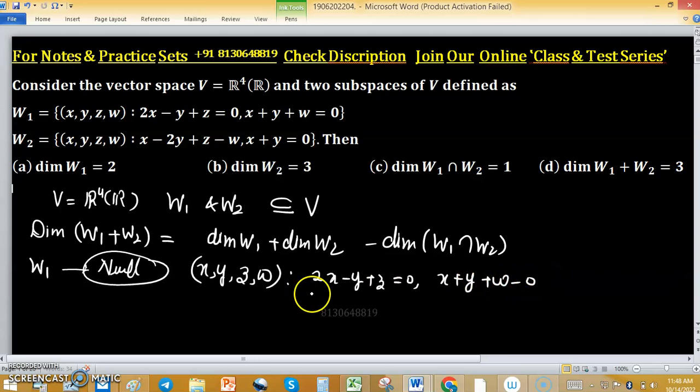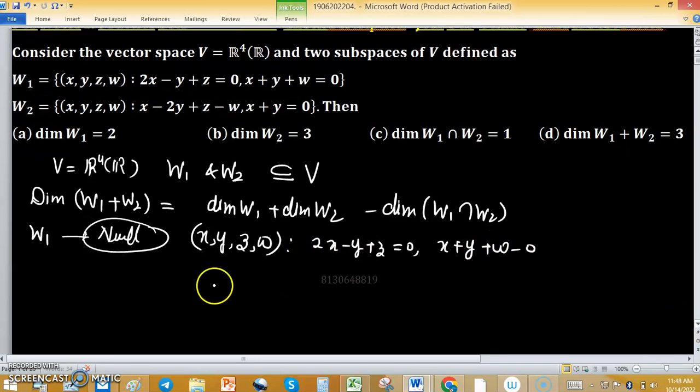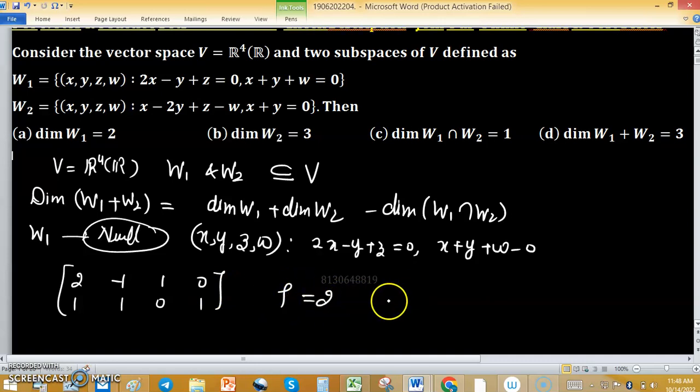If we form the matrix representation of these equations, we have 2 minus 1 1 0, and 1 1 0 1. The rank of this matrix is 2, so the nullity is also 2.